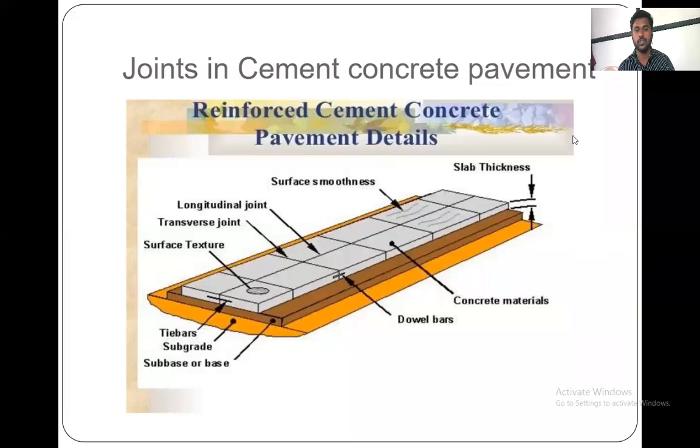So these are the joints: surface smoothness, longitudinal joints, transverse joints, surface texture, dowel bars, concrete materials, tie bars, subgrade, subbase layer. You can draw this figure. All the joints are shown here, also the reinforcement detailing and base layer detailing.